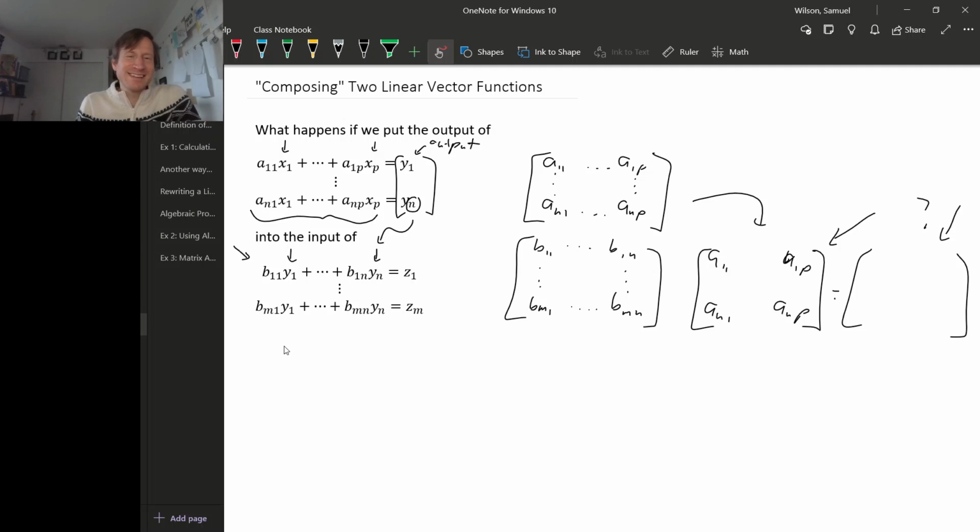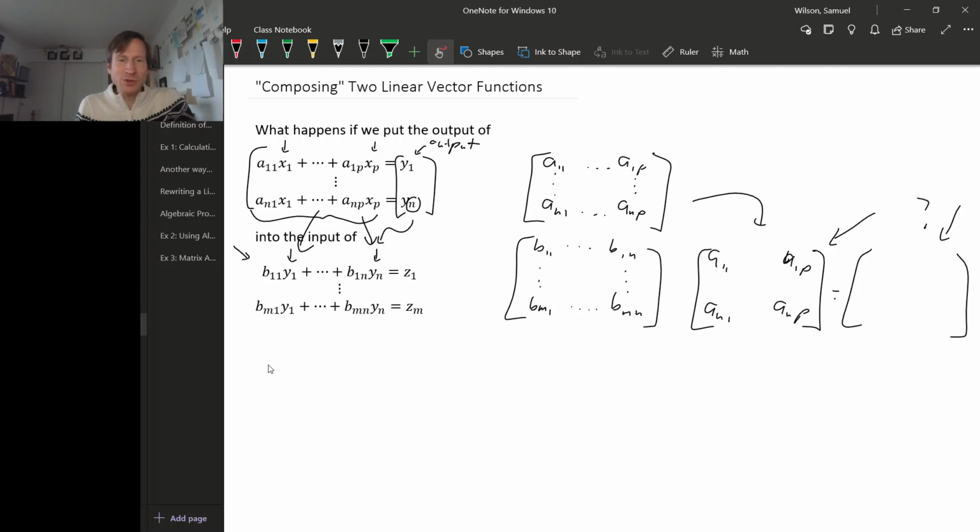And this is, unfortunately, kind of complicated looking, so it's just that the bookkeeping is complicated. Conceptually, all we're going to do is take these formulas for the y's and put them into all the y's that show up down here. Right, so simple concept, but the bookkeeping is awful just because there are so many coefficients floating around.